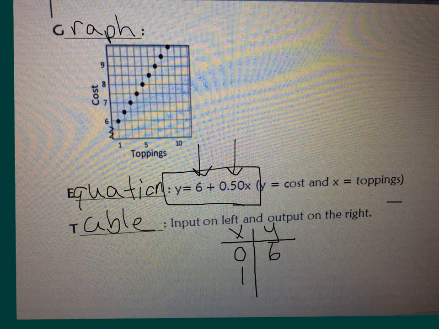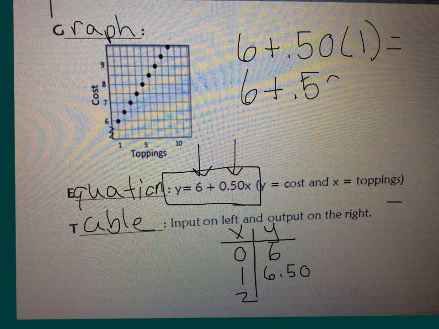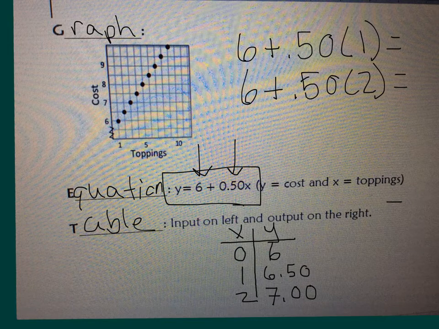At 1 topping, I would have to take this equation and go 6 plus 50 cents times 1, which would end up giving me $6.50. 2 toppings, I would do the same thing, except this time I would input 2 and I would get $7. This would just continue to go up 50 cents every time, but again, all of these are representing the same data.